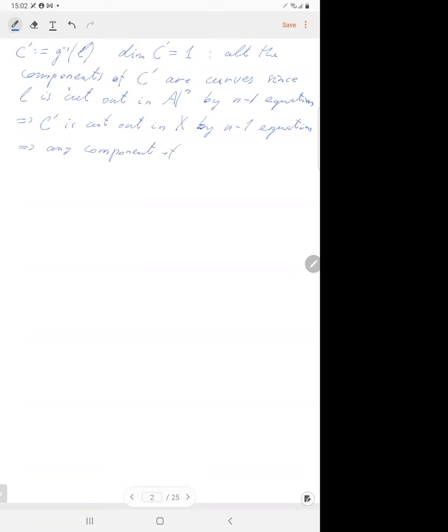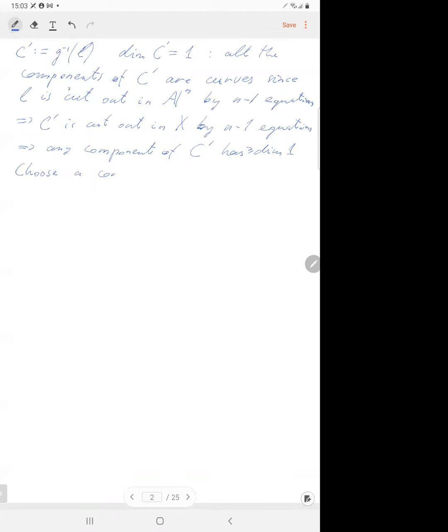So I only claim that C prime is a one-dimensional variety, not necessarily a curve, because we don't require separability. So any component of C prime has dimension exactly 1, or maybe I should say at least 1, but on the other hand, at most 1, so exactly 1.